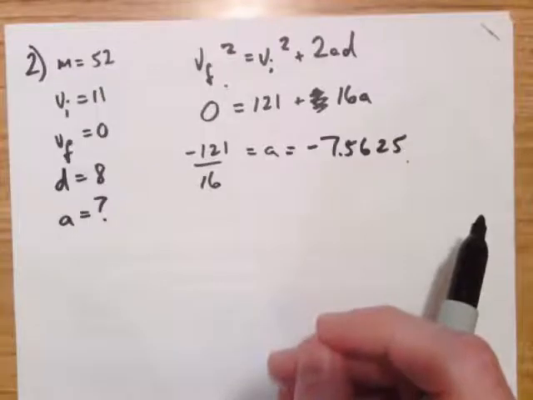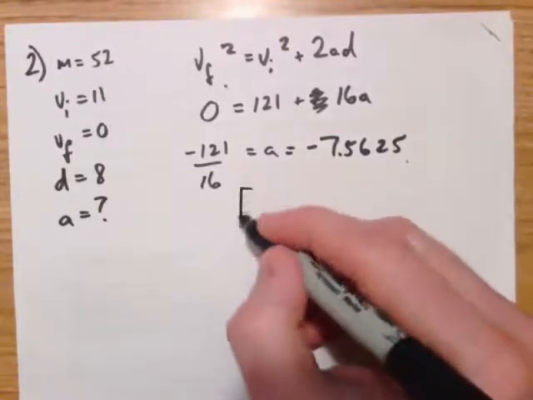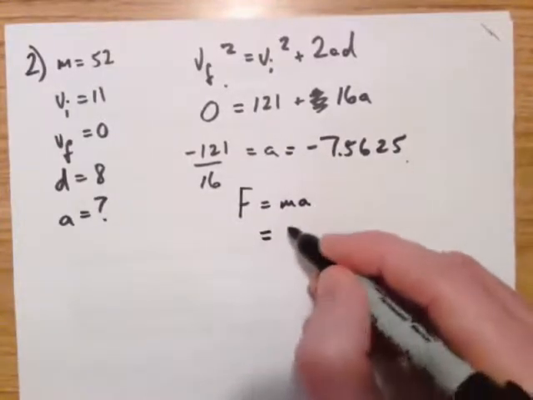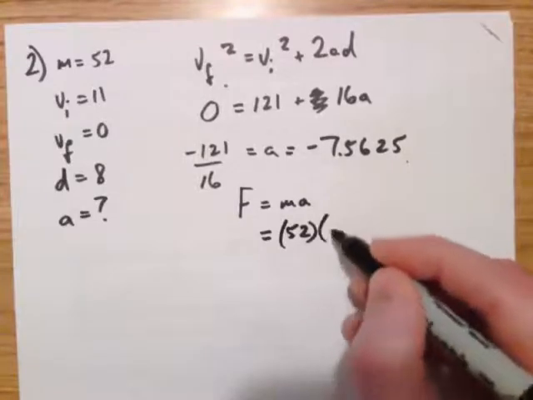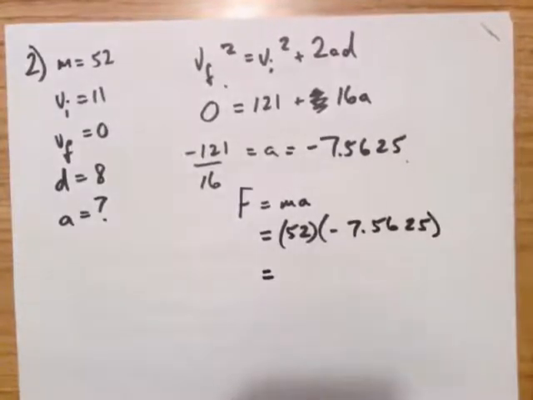This question says calculate the net force on the skater. F equals ma. Mass 52 times negative 7.5625. So this times 52, 393.25.